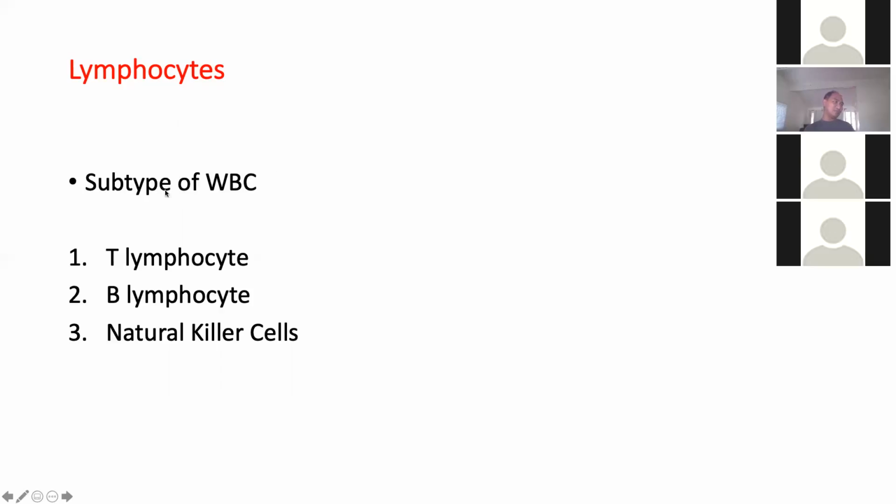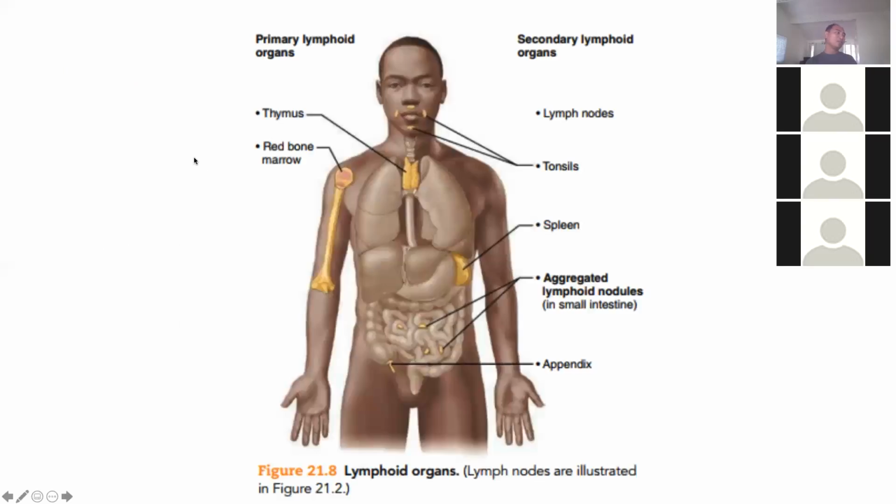Underneath the lymphocyte, we can divide into T lymphocyte, B lymphocyte, and natural killer cell. Natural killer cell, what is it? Never heard of that. Fine. So B lymphocytes and T lymphocytes are more important, and of course, natural killer cell is also important. So just try to remember natural killer cell, B and T are under the lymphocyte.